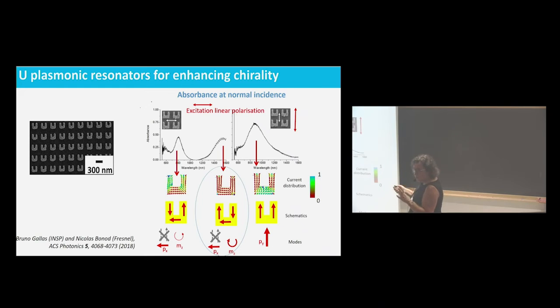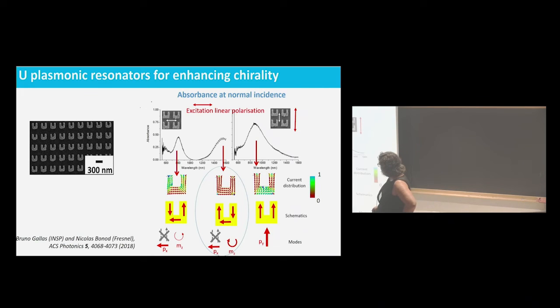Now I switch to another point of view, which is the use of plasmons in order to excite specific properties of the light. So for example, here we consider this nanostructure, which is made of U shapes that you can make in a very simple clean room. This is not so difficult to do.